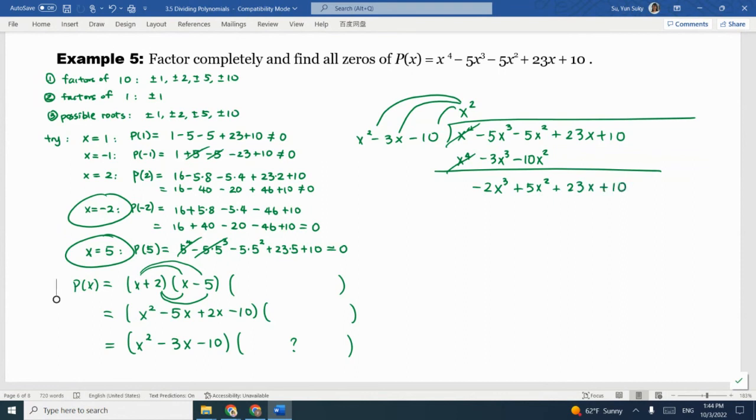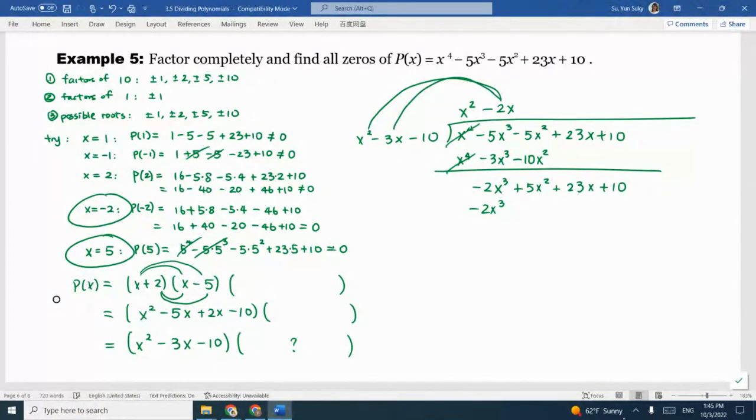So far, so good, everybody? Okay. And what multiply by x squared to get negative 2x cubed? 2x. Right, everybody? So we multiply that, negative 2x cubed.